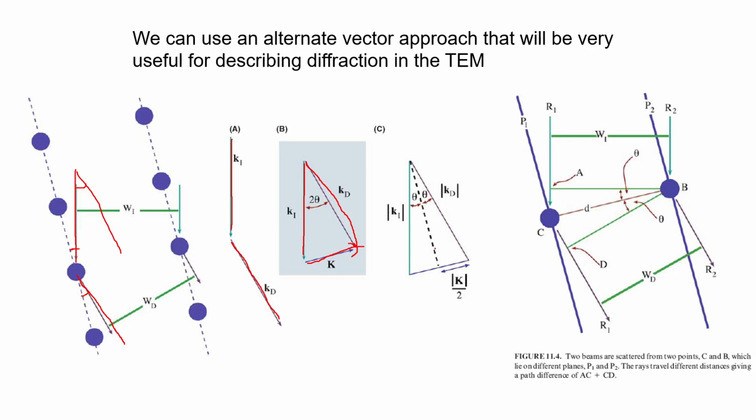Related to that, you can see this third one, where the two beams, this R1 beam and this R2 beam, are scattered by these two atoms, point C and point B, to generate the scattered radiation R1 and R2.